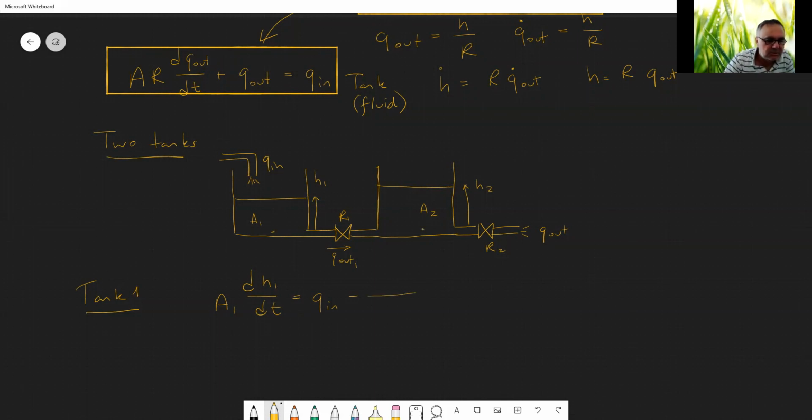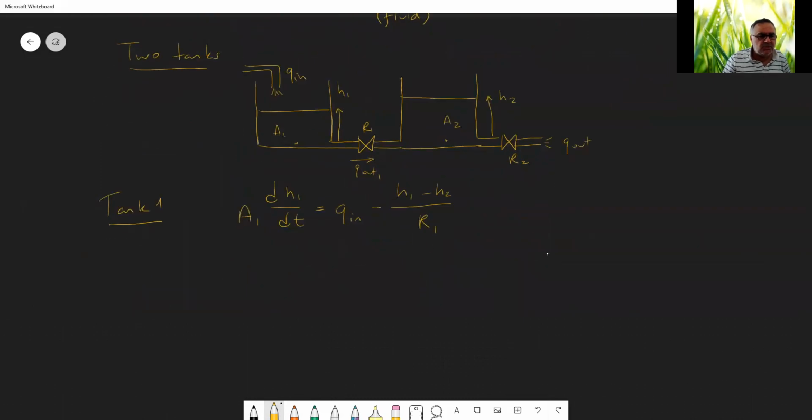So it is H1 minus H2 over R1. So the H1 equation has an H2 term in it. So the equations are kind of coupled, as you see.